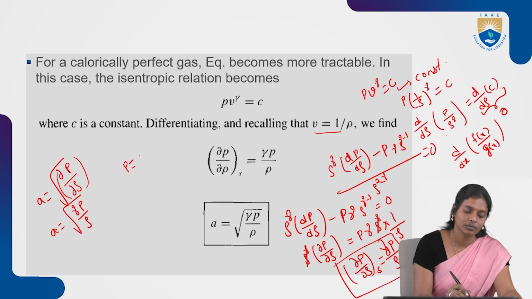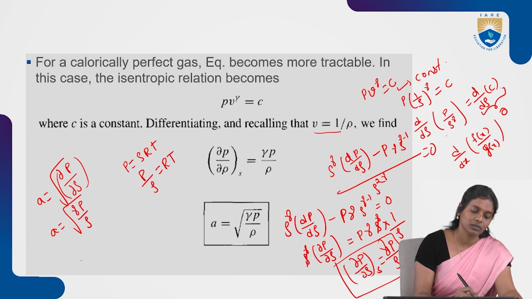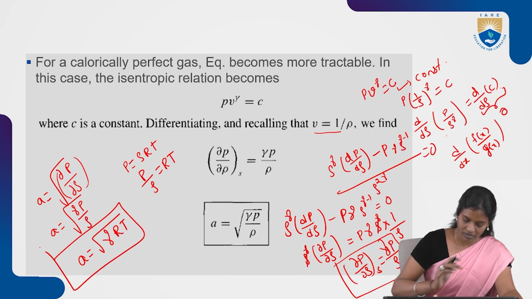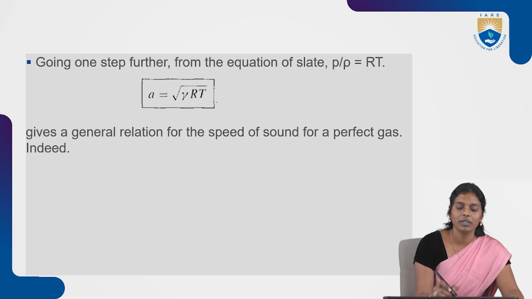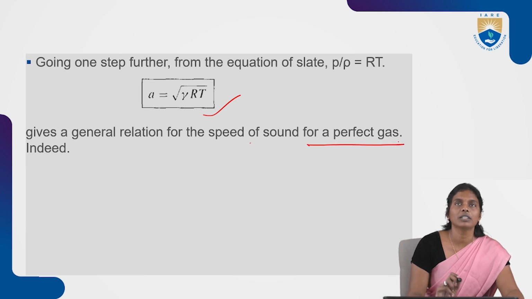P by rho equal to RT. So then a equal to under root of gamma RT. Right? So that is the expression. So this is the general relation for the speed of sound for a perfect gas.